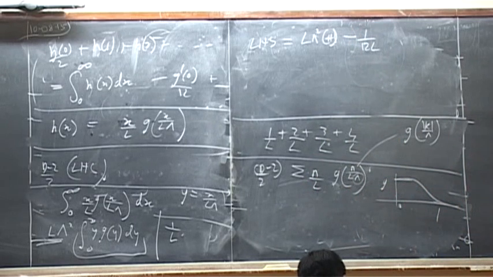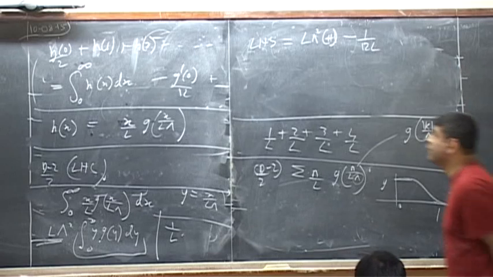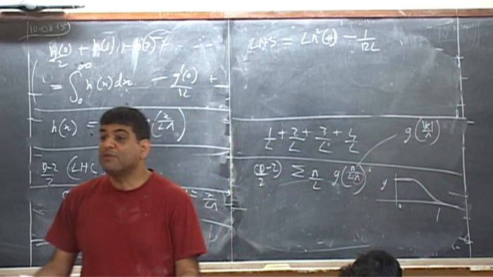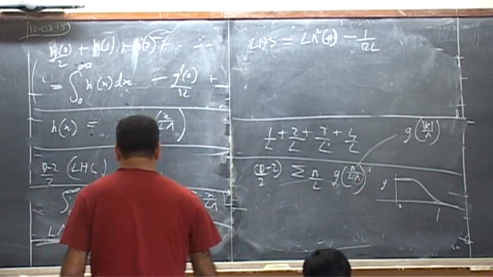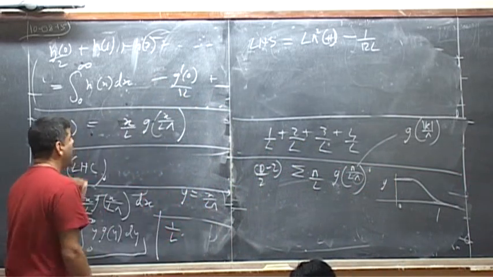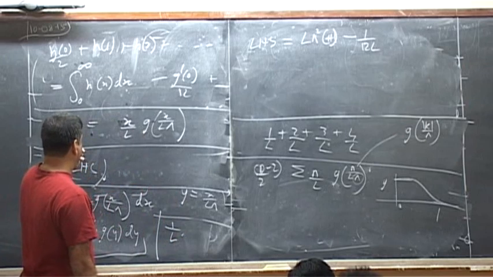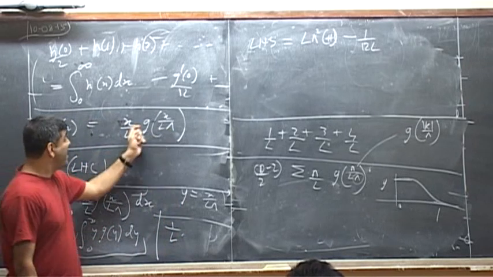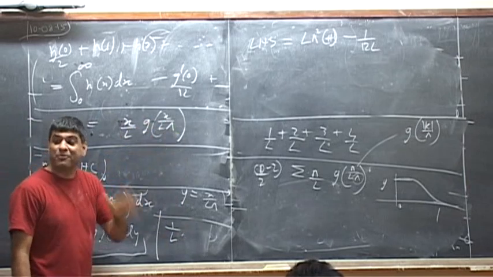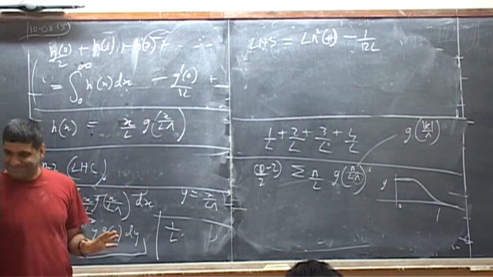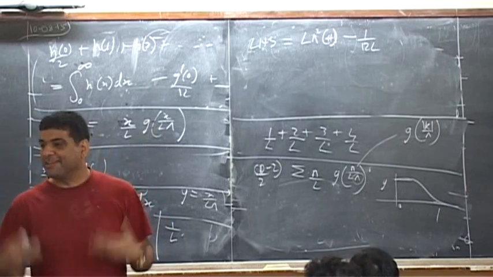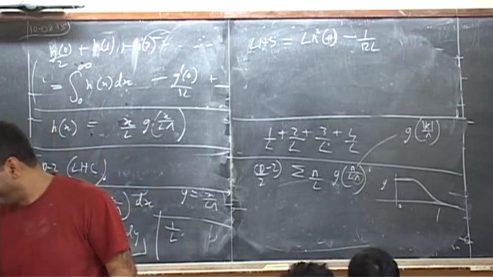Is this clear? What about other terms in the Euler-Maclaurin series? Those proportional to higher derivatives all vanish, because the derivative either vanishes because of x, or if you take the derivative of g, it brings out 1 over lambda. Any derivative acting on g brings out factors of 1 over lambda.